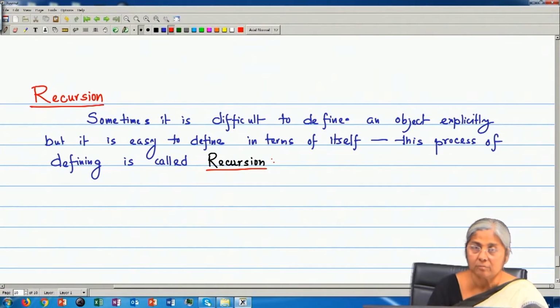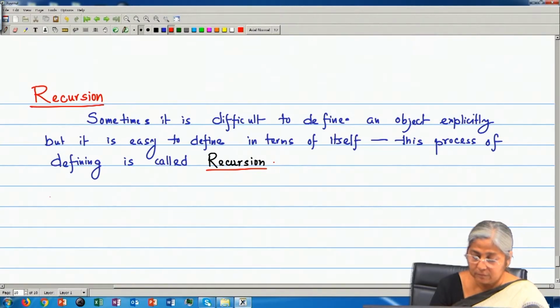Now, recursion we normally use to define sequences, functions, and sets, and later we will use it for many real life problems.